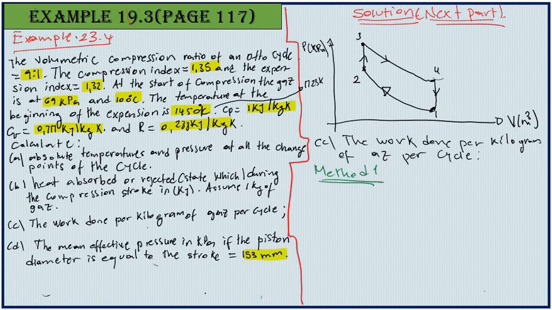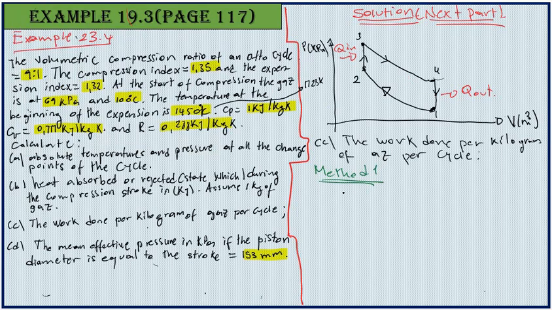So we have the first process, which is from 2 to 3. That is the heat adding process. Then we have the heat rejection process, which is between 4 and 1. So here we have Q out. So now the work done is just the difference between the input and the output.